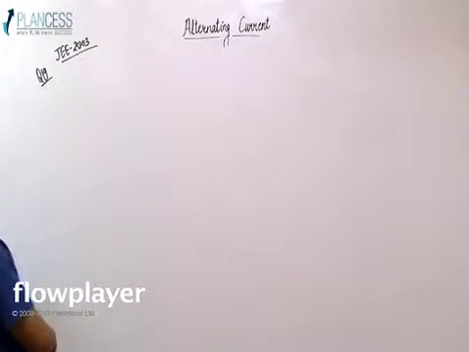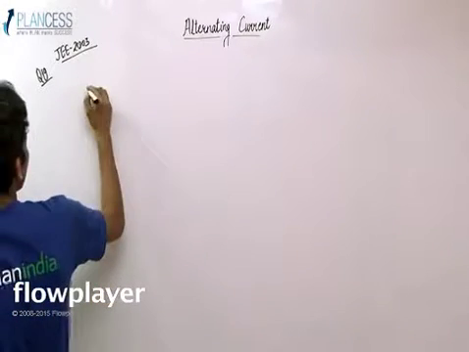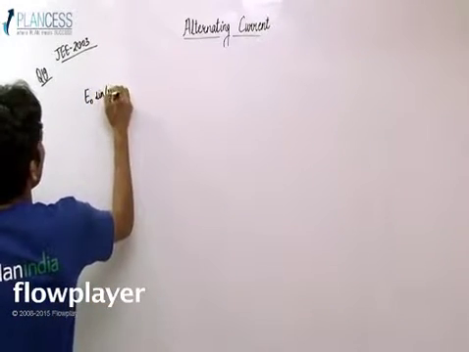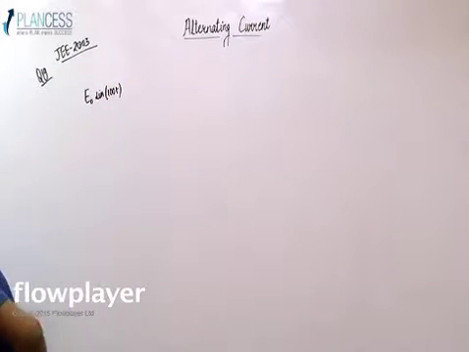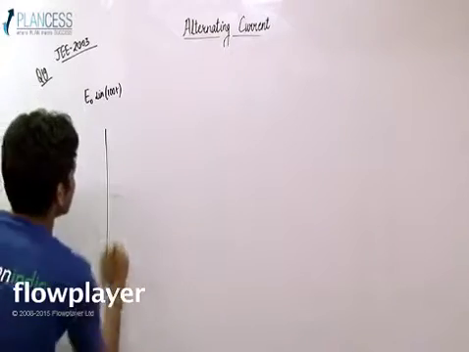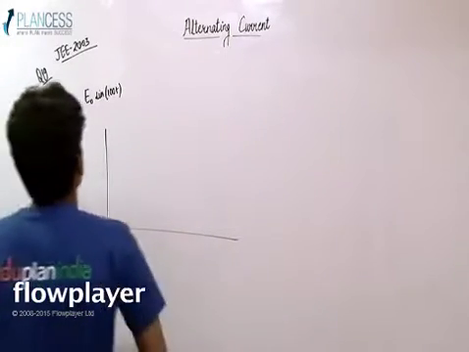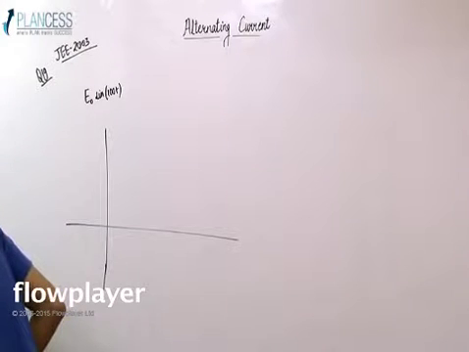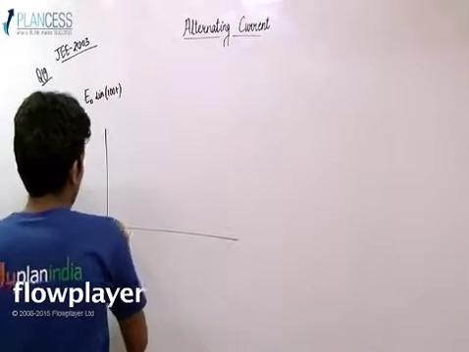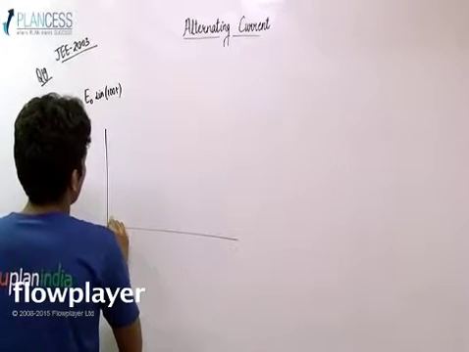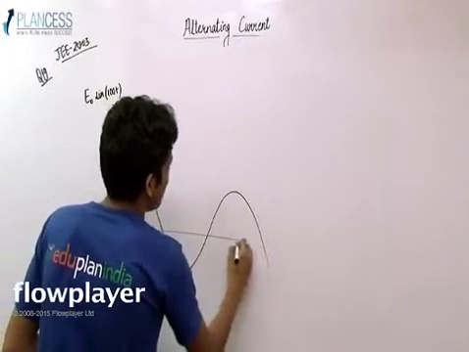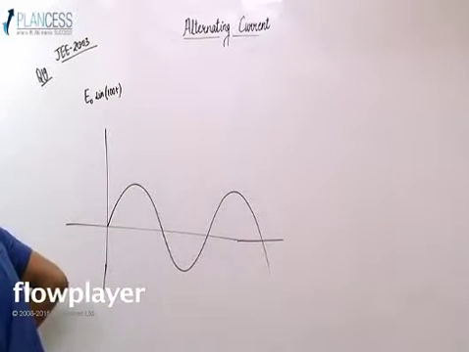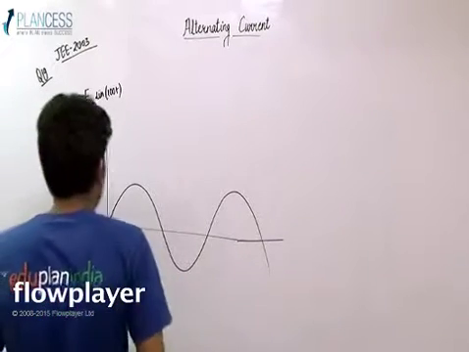Question says that when an AC source of EMF E equals E naught sine 100t is connected across a circuit, this is the diagram for E, and it said that the phase difference between EMF E and the current I in the circuit is observed to be pi by 4.